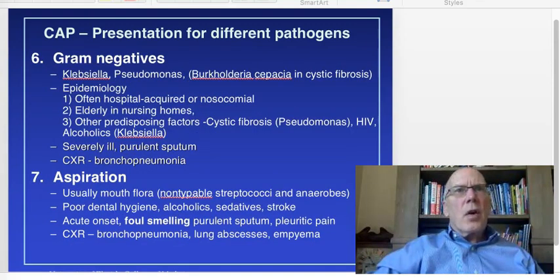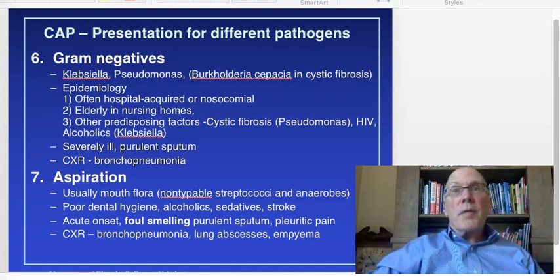The sixth leading cause of community-acquired pneumonia is gram-negative rods: Klebsiella, Pseudomonas, Burkholderia cepacia in patients with cystic fibrosis. The epidemiology is often hospital-acquired or nosocomial, also found in the elderly living in nursing homes.